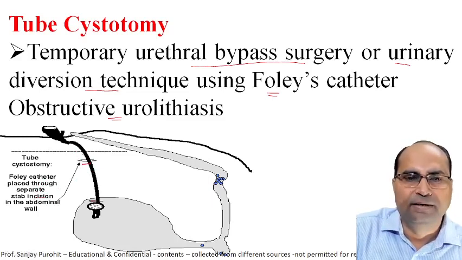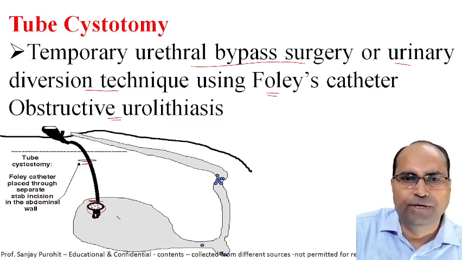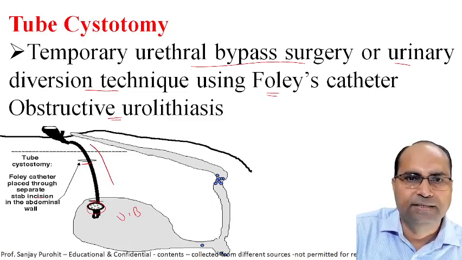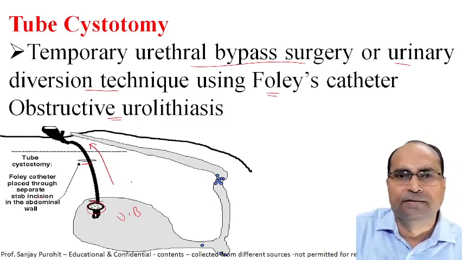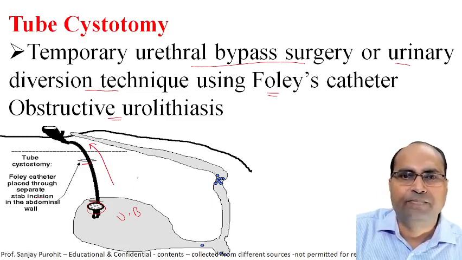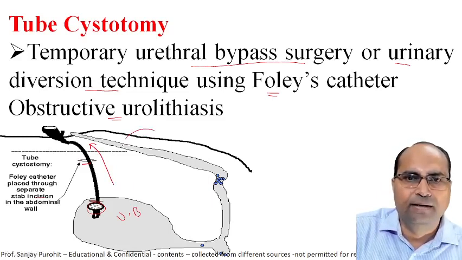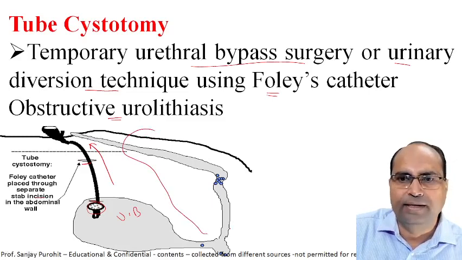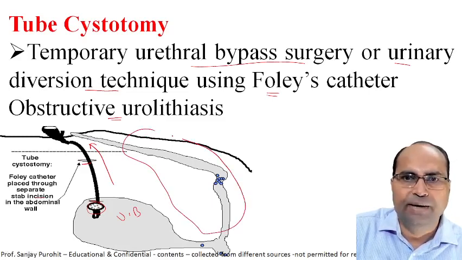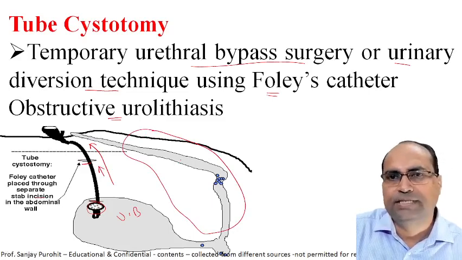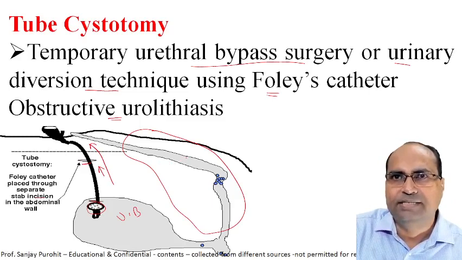This catheter is inserted into the urinary bladder and urine is bypassed. So this is known as a urinary diversion technique, and the natural passage of the urine is bypassed by the Foley's catheter. So this is also known as urethral bypass surgery.